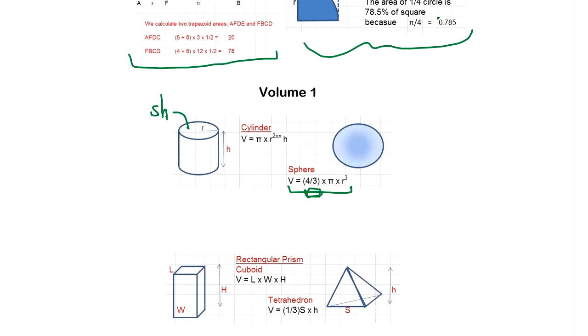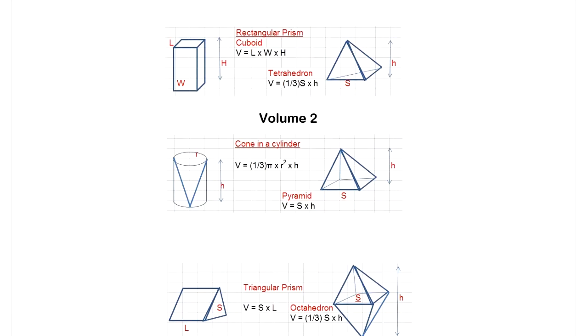And a rectangular prism: the volume is L times W times H. For a tetrahedron, you have 1/3 times the bottom area times H. If it's straight up like that, then SH is the volume.